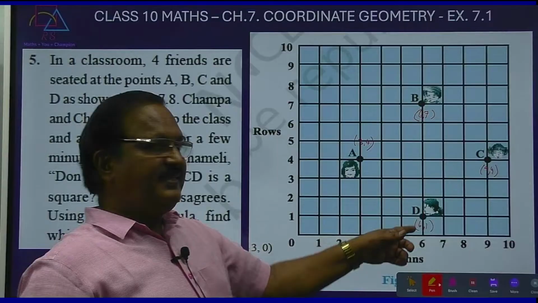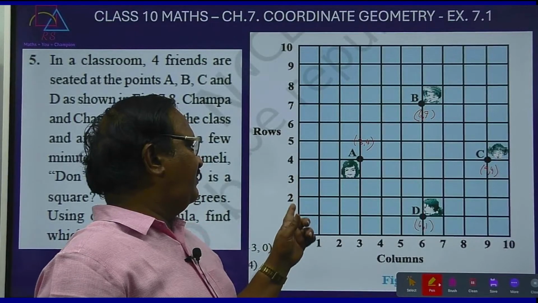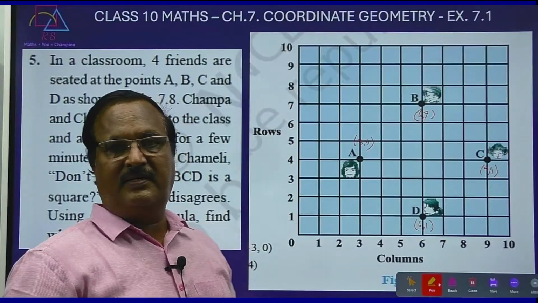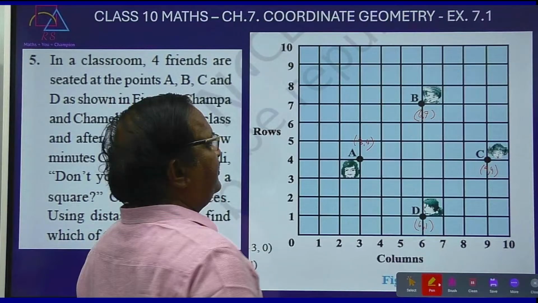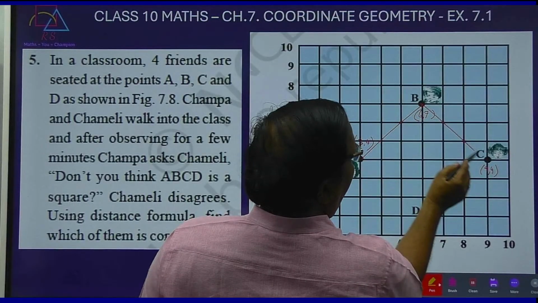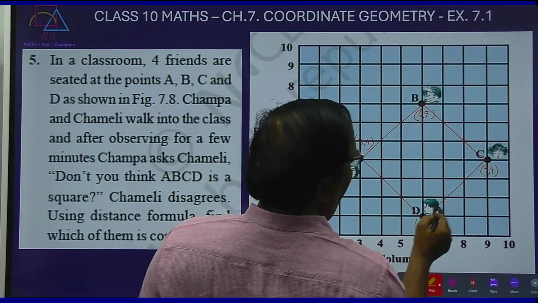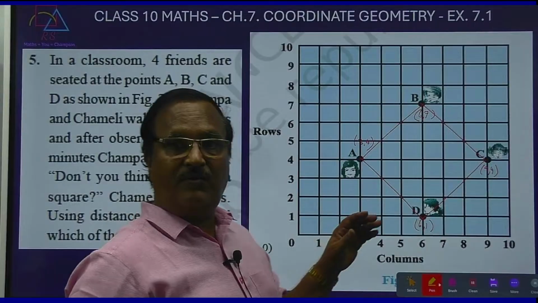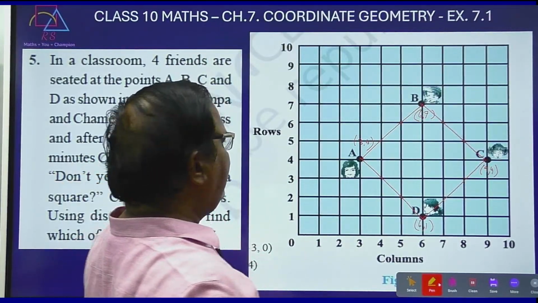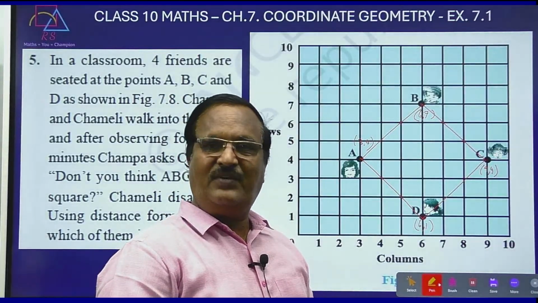So first the x-axis value should be written, and then the y-axis value. Therefore, x coordinate and y coordinate. So that means if you join it, what happened? You will get a quadrilateral, and we have to verify whether it is a square or not. So whether Champa is correct or Chameli is correct, that we have to decide.